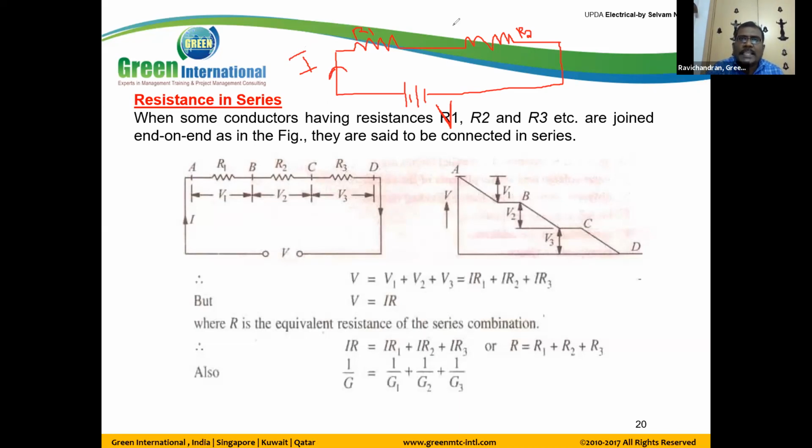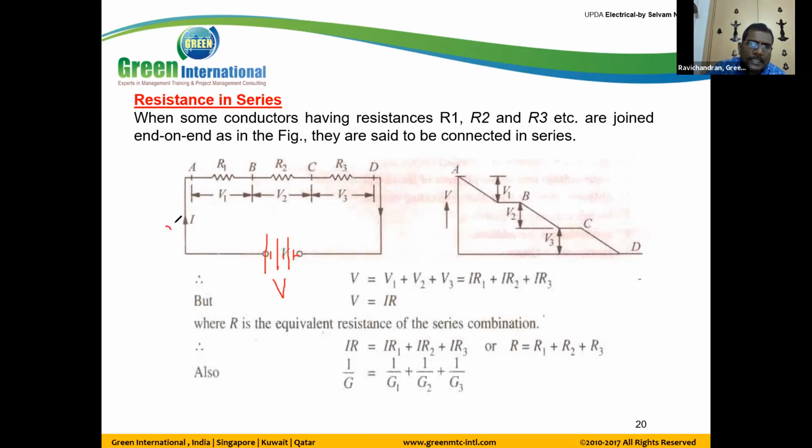From Ohm's law, we can find the voltage drop. The circuit is closed, so from Ohm's law, current I amps will flow. The current I flows through the resistance R1.